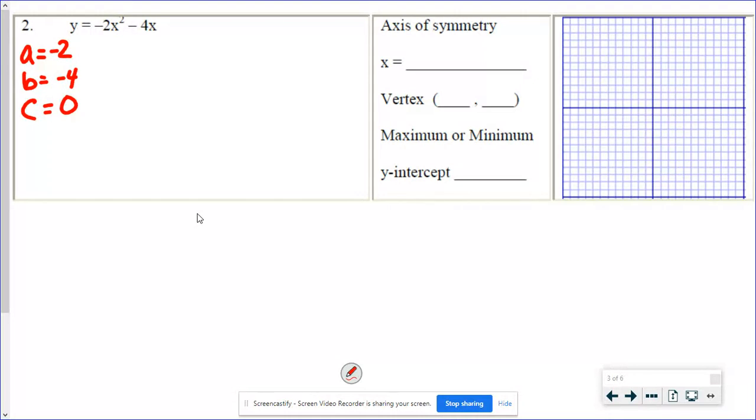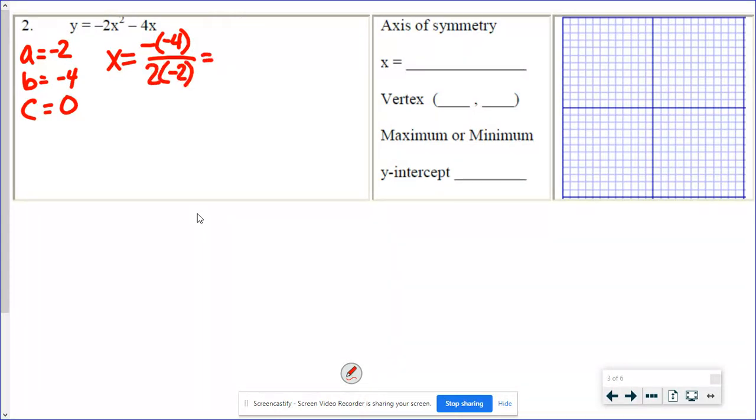Finding the x value for the axis of symmetry and the x value for the vertex, I would have x equals the opposite of B, which is a negative 4, over, sorry about that, over 2 times the A, so 2 times the negative 2.